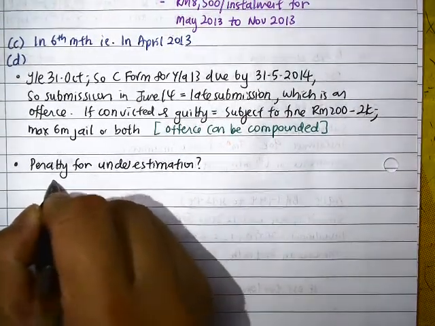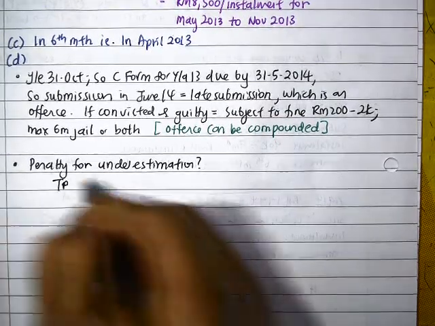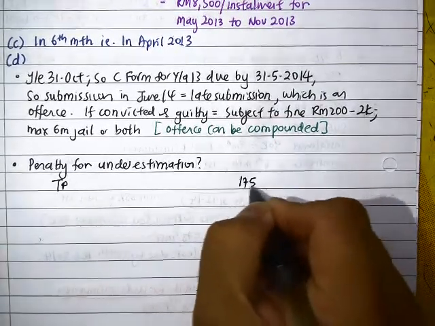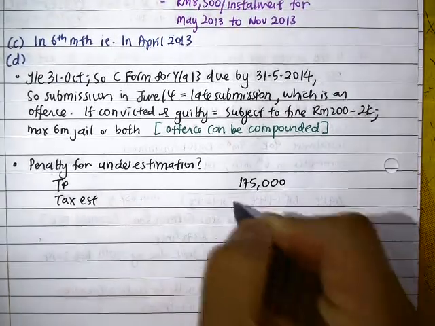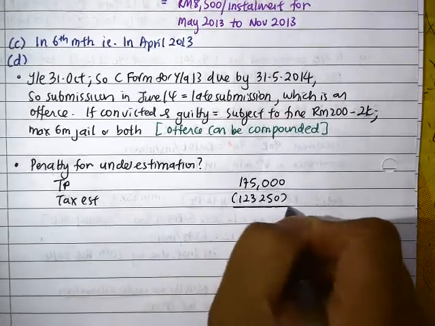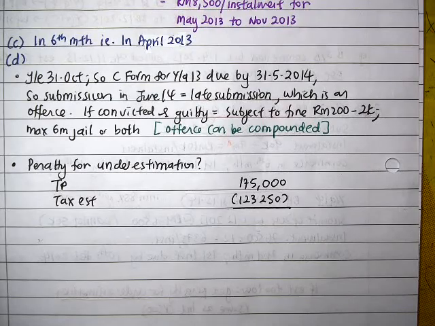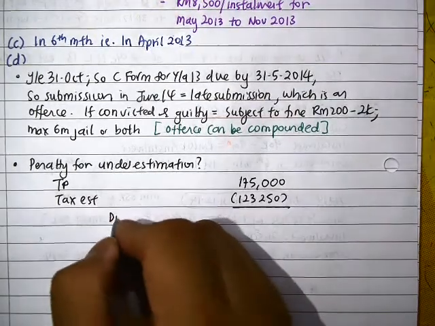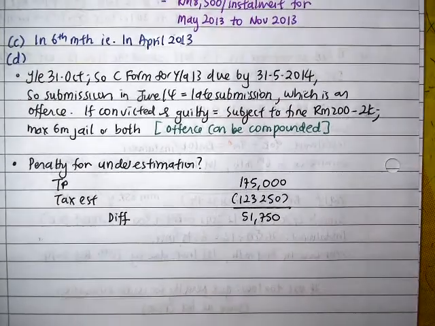Okay, so how do you find the penalty for underestimation? Now, the tax payable is 175. The tax estimate under your installment is 123,250. That's the last amount. If you minus this, there's a difference of 51,750.